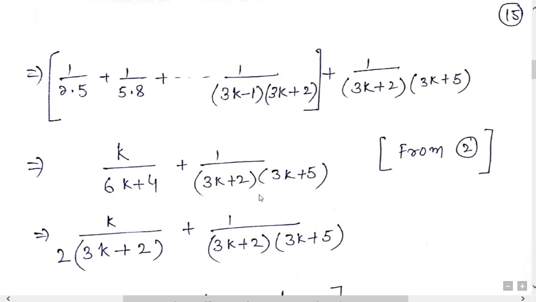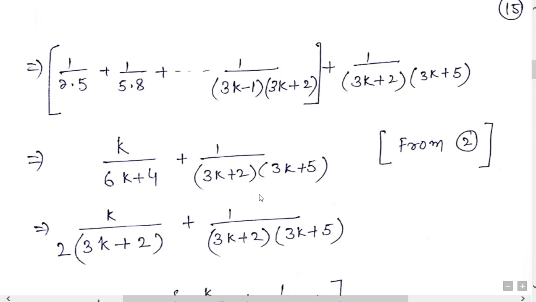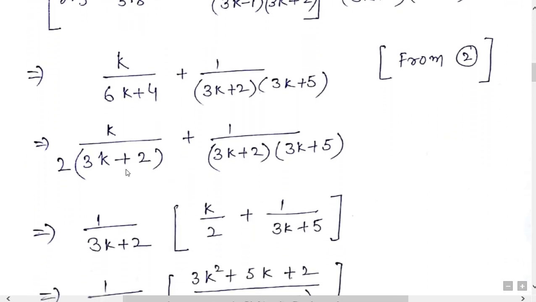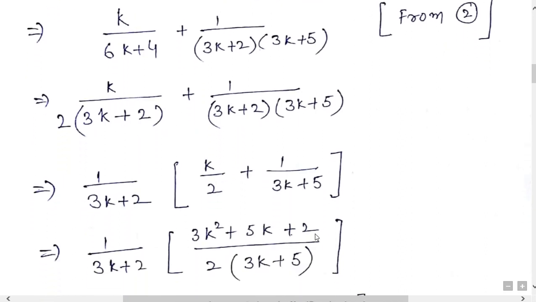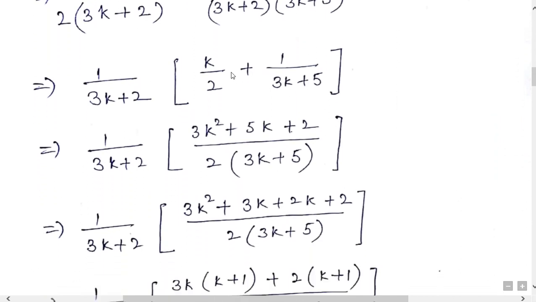term is 1 over 3k plus 2 and 3k plus 5. Taking 1 over 3k plus 2 common from both the terms, k over 2, 1 over 3k plus 5, these are the two terms inside the bracket. Then take LCM, 3k square plus 5k plus 2 divided by 2 into 3k plus 5.